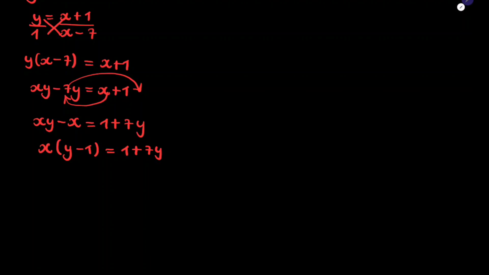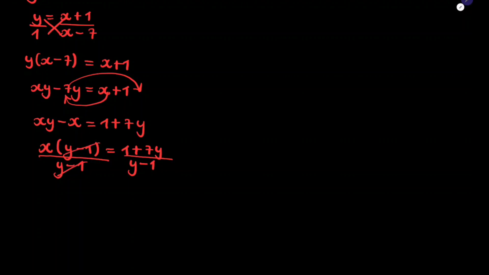Okay, so from here, since we have factored out x, we can finally make it the subject of the formula by dividing both sides by y minus 1. So here we'll also have y minus 1, so it will cancel there.